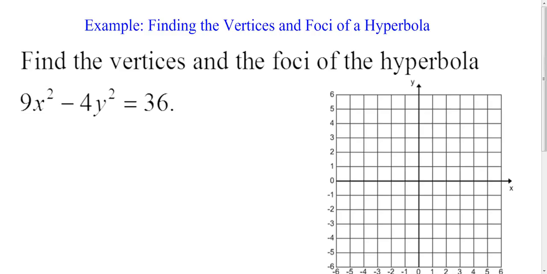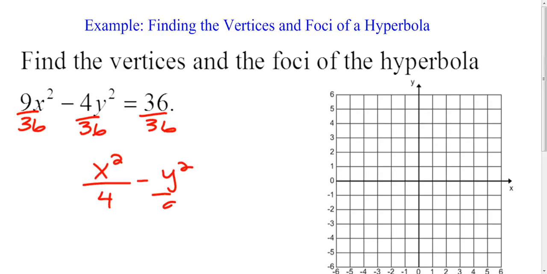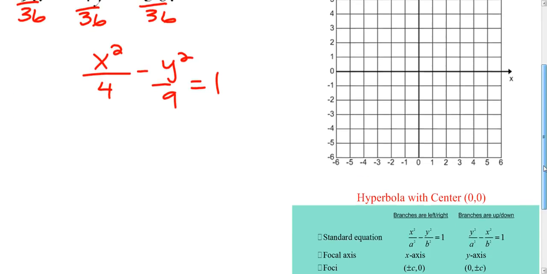In the standard form of hyperbolas, it is always solved for 1. So I'm going to divide everything by 36 so that I can get this into the right format. Then I will have x squared over 4 minus y squared over 9 equals 1. I'm going to graph this so that you can see what happens.